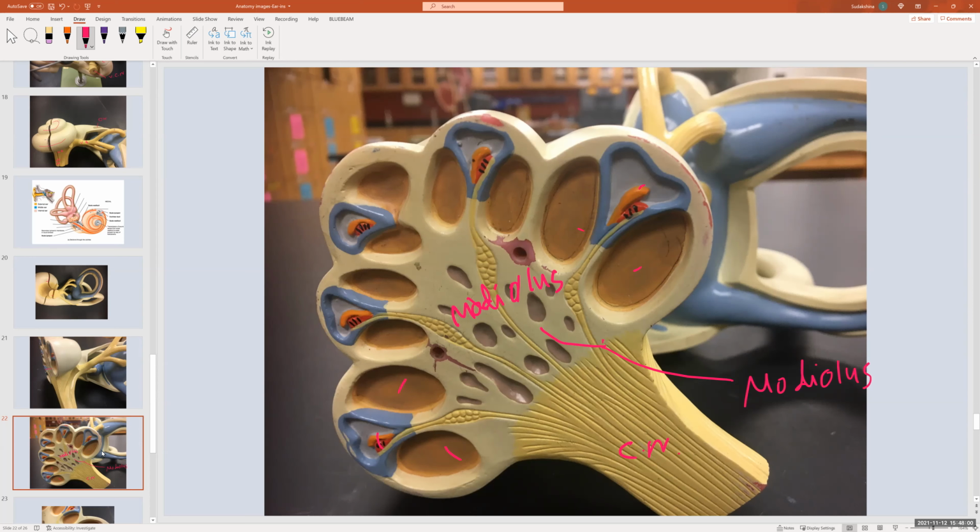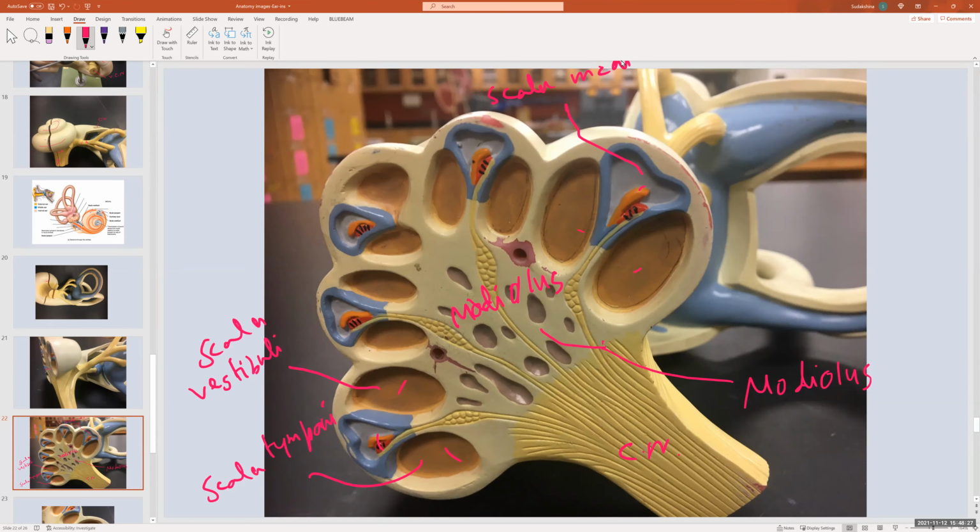Okay, what are these fluid-filled sacs? Scala vestibuli, scala tympani, and in between, scala media.